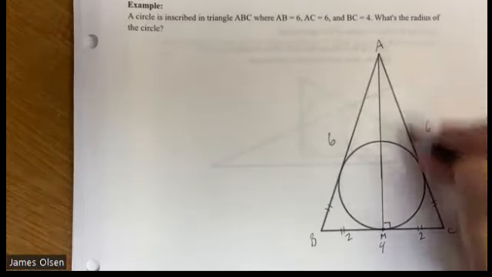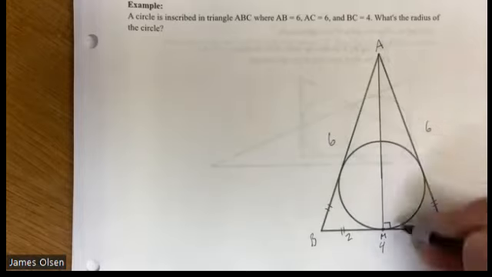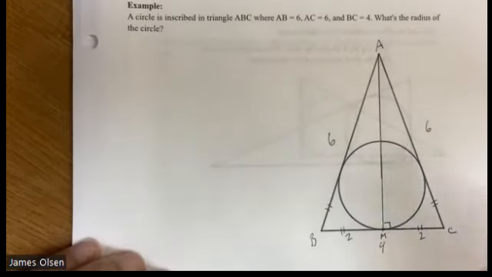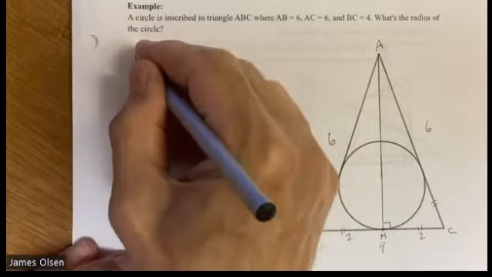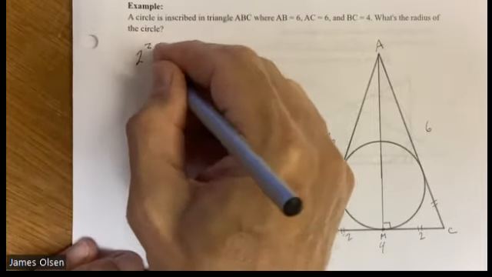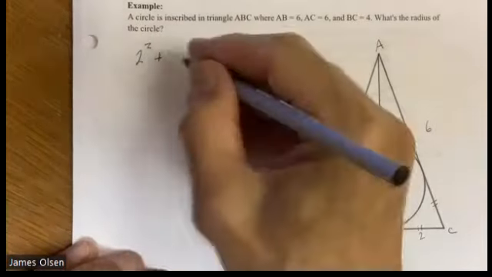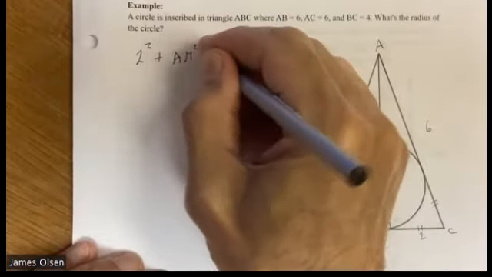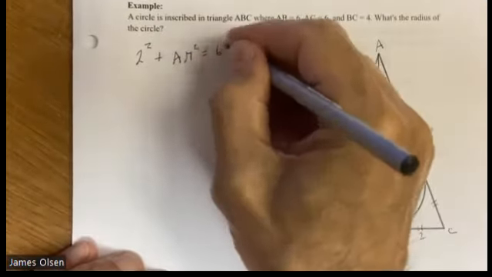And I have two sides of my right triangle, which means I can use my Pythagorean theorem. Let's set up the Pythagorean theorem. Once again, pause the video to try to set this up ahead of the professor. 2 squared plus AM squared is equal to 6 squared.